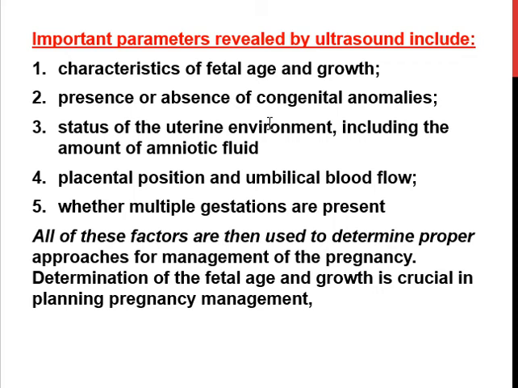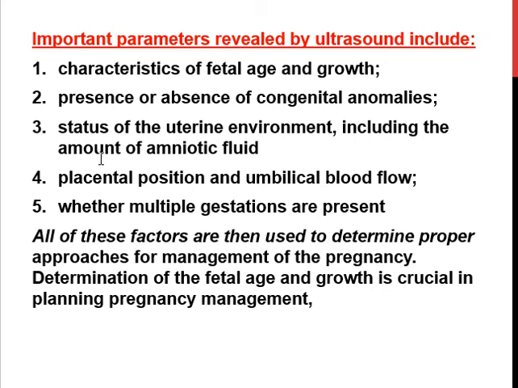Which important parameters can we reveal by ultrasound? Number one, characteristics of fetal age and growth. We can see what the fetal age is and how it is growing. Number two, presence or absence of congenital anomalies.